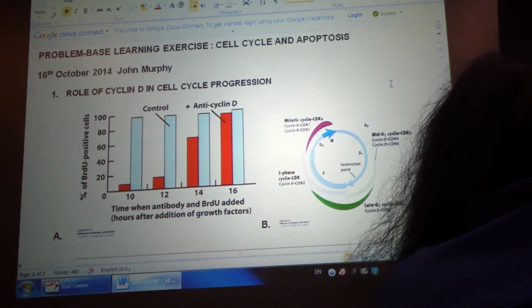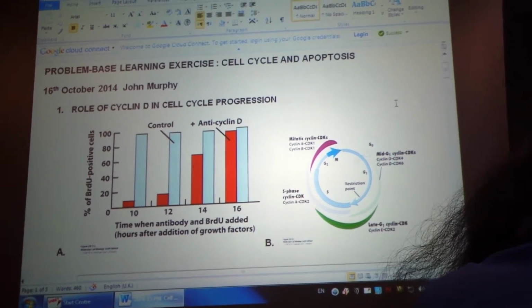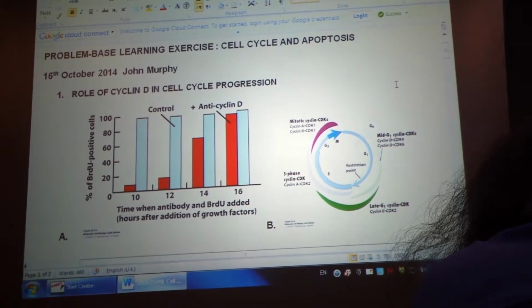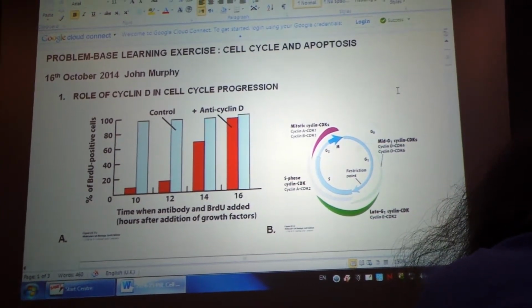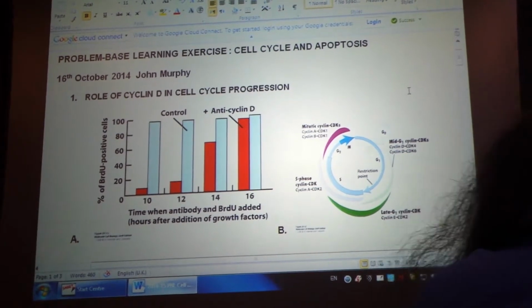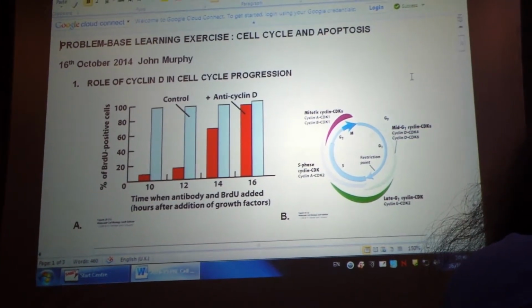Now, the next bit of information is quite crucial. It says BrdU, bromodeoxyuridine, was added to the cells and it is incorporated into newly synthesized DNA. The level of BrdU therefore gives an estimate of the percentage of cells in the S phase of the cell cycle. Okay?